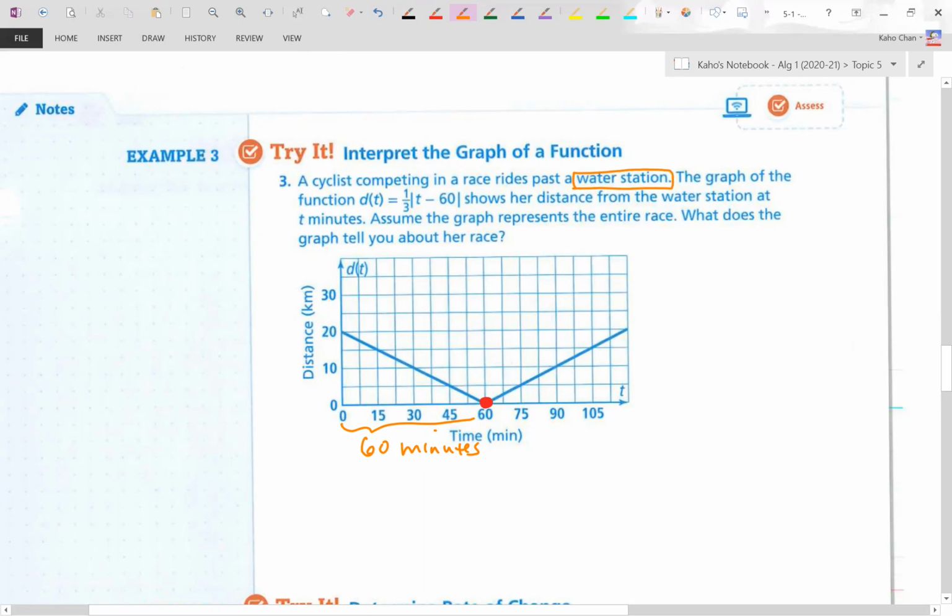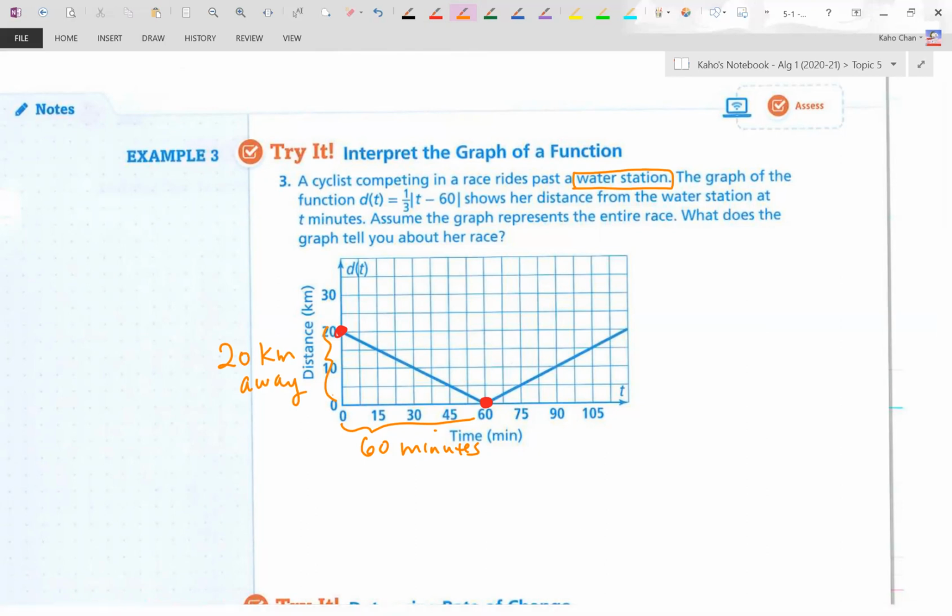She starts off relative to 0 minutes, 20 kilometers away. That tells a story, this particular graph, doesn't it? So 20 kilometers away. When she started this race from the water station, right?